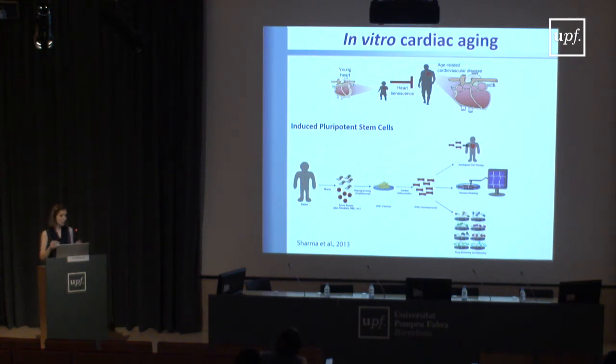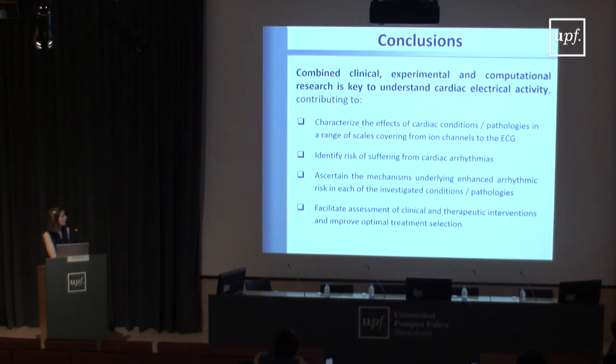By introducing the progeria gene, we generate this in vitro model of aging, and we investigate changes in the cardiomyocytes associated with aging, so as to have an idea of how aging would affect the electrophysiology of the ventricular cells without any other external factors apart from those that we are inducing here.